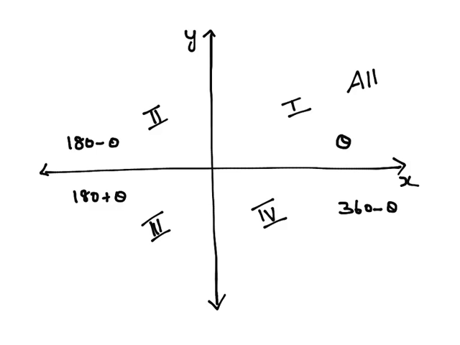So all these three functions are positive in the first quadrant. Now in the second quadrant, only sine is positive. And in the third quadrant only tan is positive. That means sine and cosine are negative in the third quadrant, and in the fourth quadrant only cos is positive.